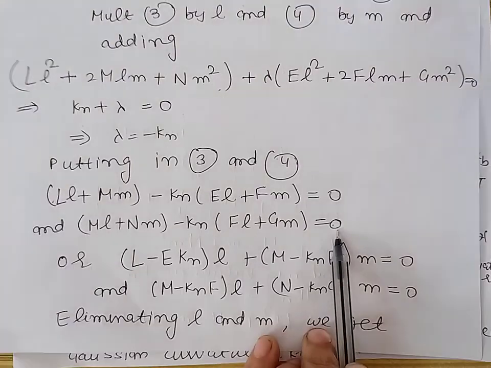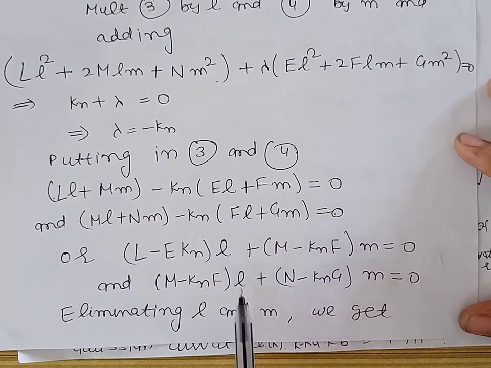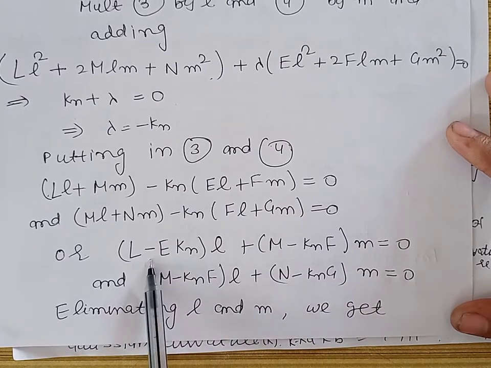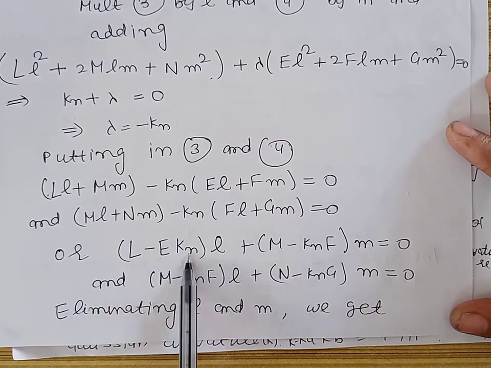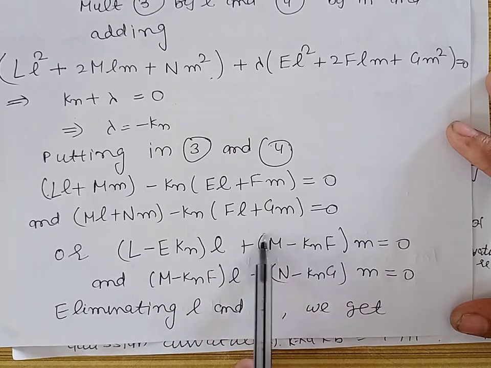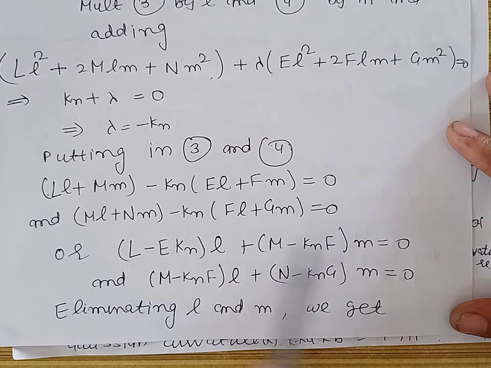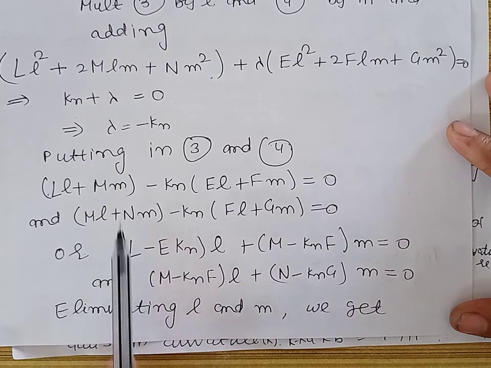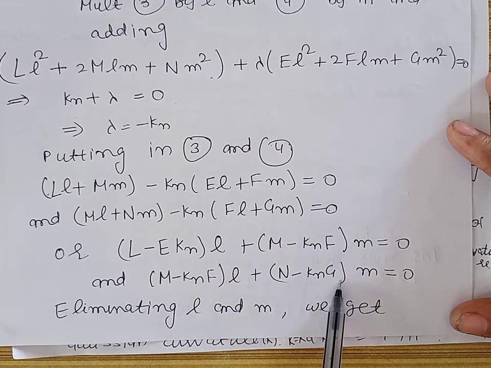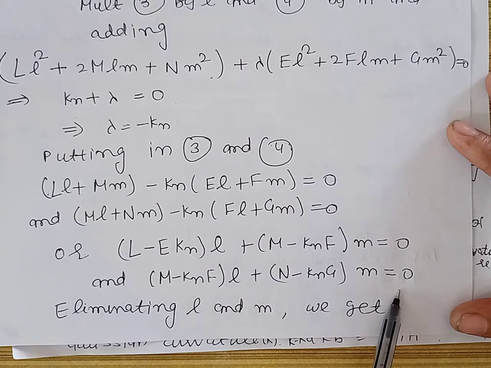Now these two equations can again be written by combining the terms in l and m separately. We get the equations (L − κn E)l + (M − κn F)m = 0, and this equation can be written as (M − κn F)l + (N − κn G)m = 0.